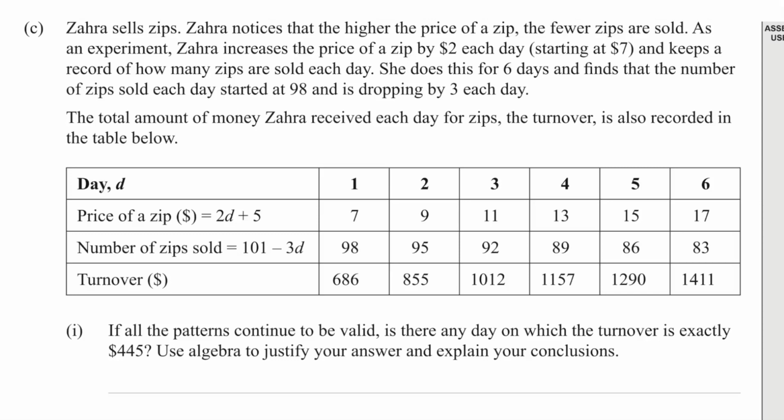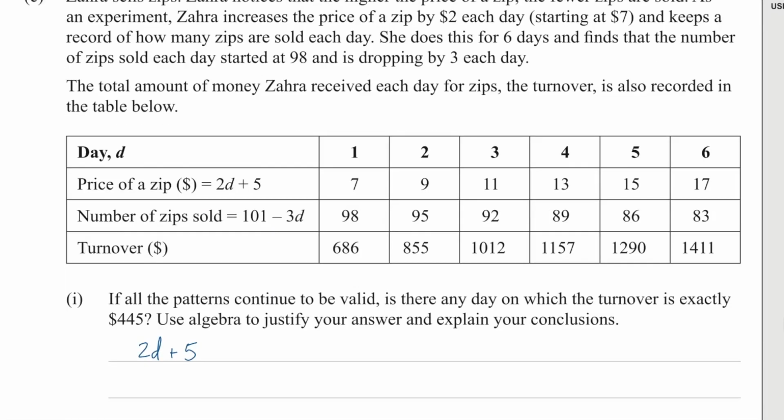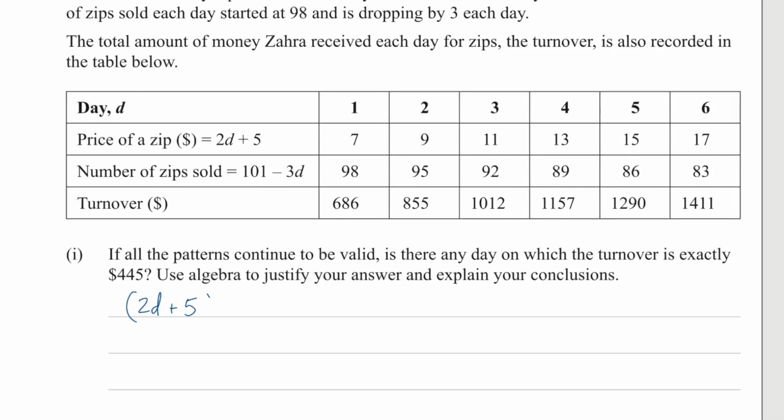So let's have a think. The turnover is the price of a zip times the number of zips sold. Instead of numbers like 7, 9, 11, we can use the expression 2D plus 5 multiplied by the number of zips sold, 101 minus 3D.